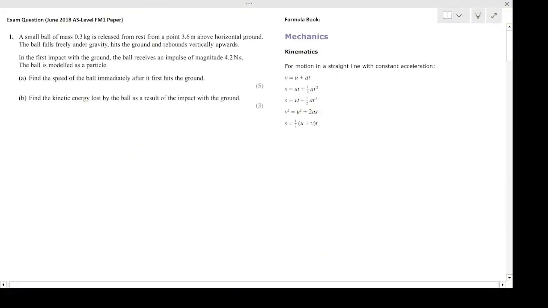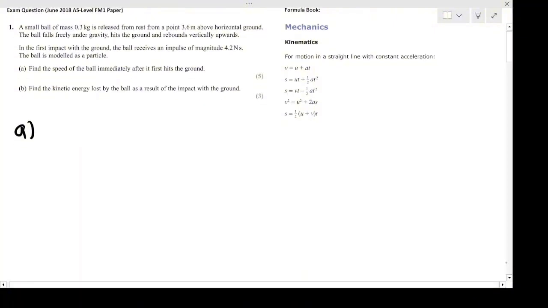Okay, so now we're going to look at this question here. Now we can also apply kinetic energy to things bouncing up and down from the floor, which we looked at last time, right? In the last section, we looked at things bouncing up and down from the ground. You'll see questions like this.